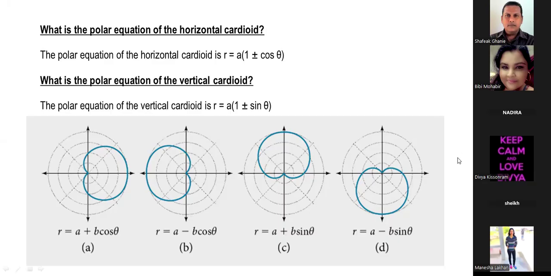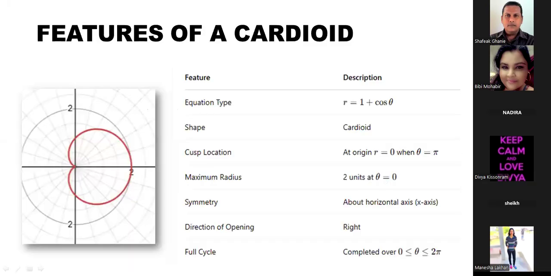Now we look at the features. Like we just learned, when we have cos theta, the cardioid is in a horizontal direction. So the equation type is r equals 1 plus cos theta.